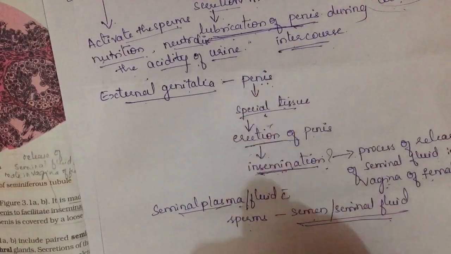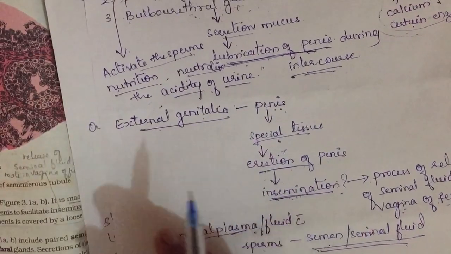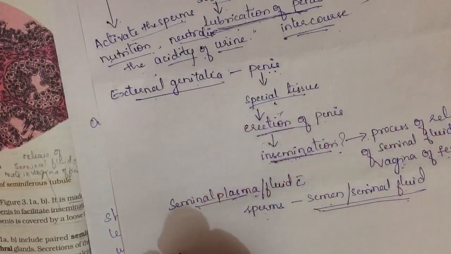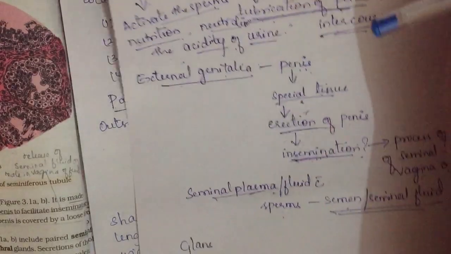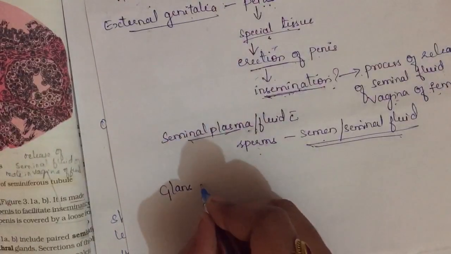So this is about the male external genitalia, and the enlarged end of the penis is called glans penis. In this you can find the glans penis.